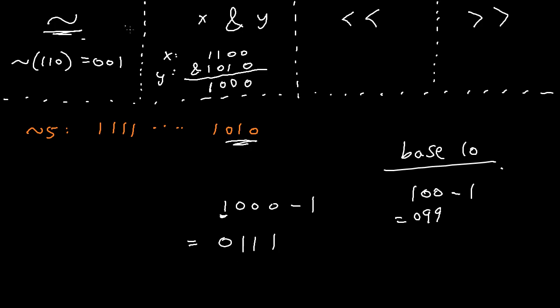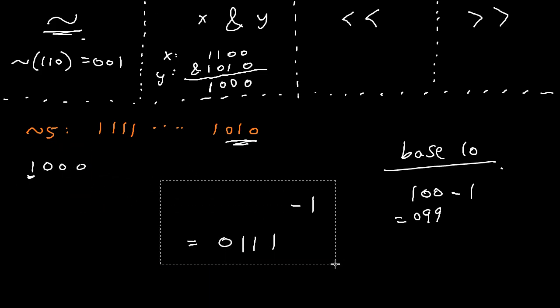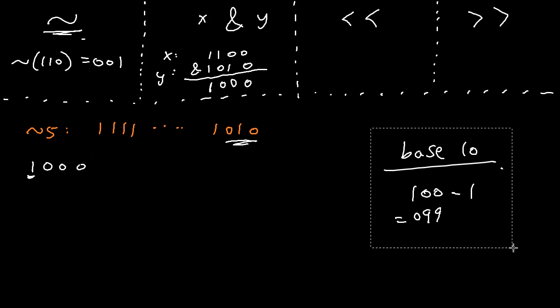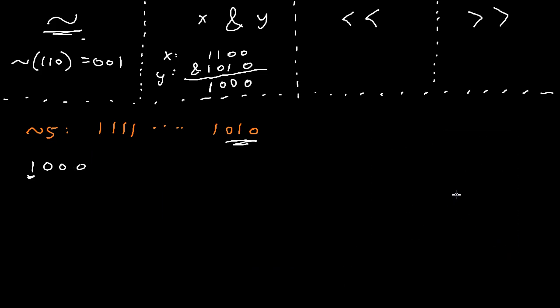Okay, so now we have a new question, which is how do we get this 1, 0, 0, 0? So now we're going to bring in the idea of a left shift.